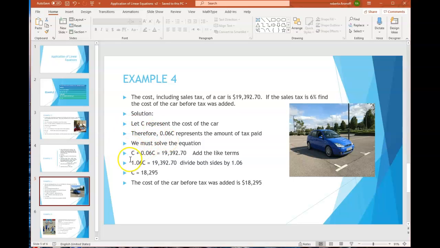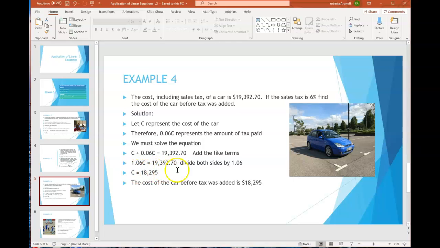Therefore, our equation is C, the cost of the car, plus 6% of the cost is equal to $19,392.70. Adding the like terms, remember we have the numerical coefficient of 1, adding to the 6 hundredths, so we have 1 and 6 hundredths times the cost is equal to 19,392.7.